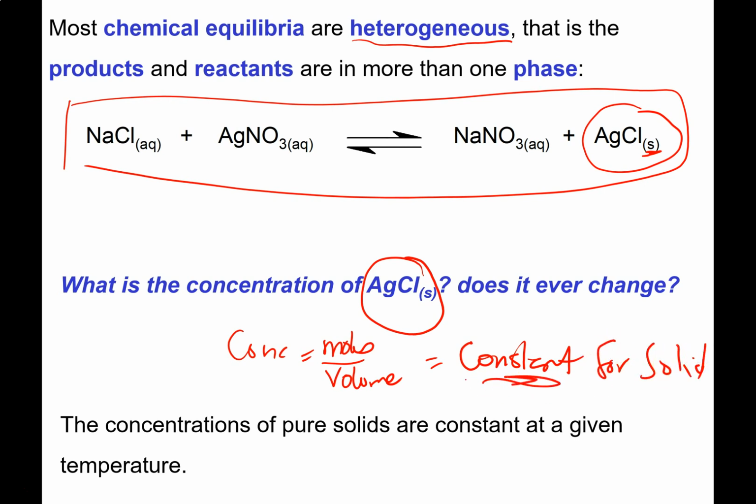So the concentrations of pure solids are constant at a given temperature. They don't vary. And so we as chemists have decided that we are not going to include the concentrations of pure solids in our expressions for Q and K.